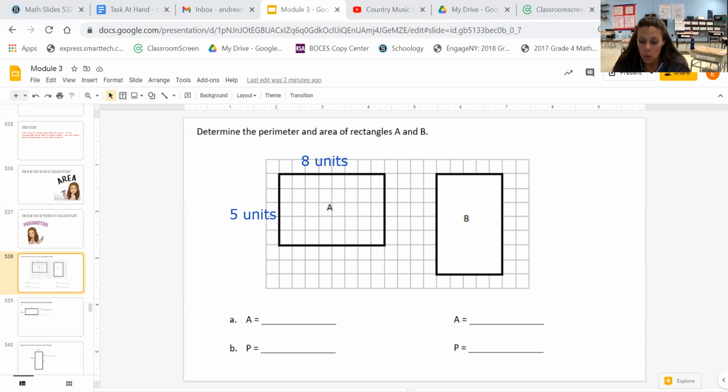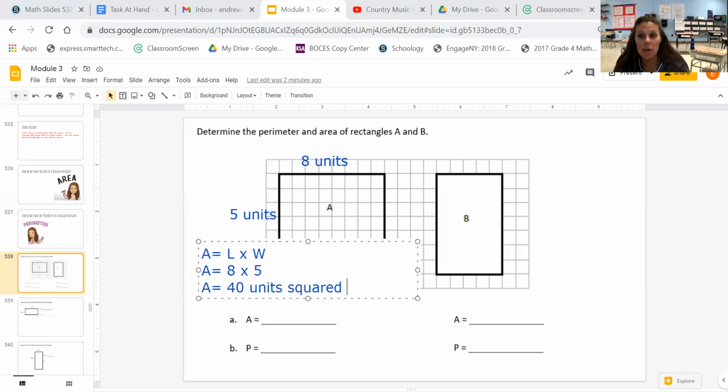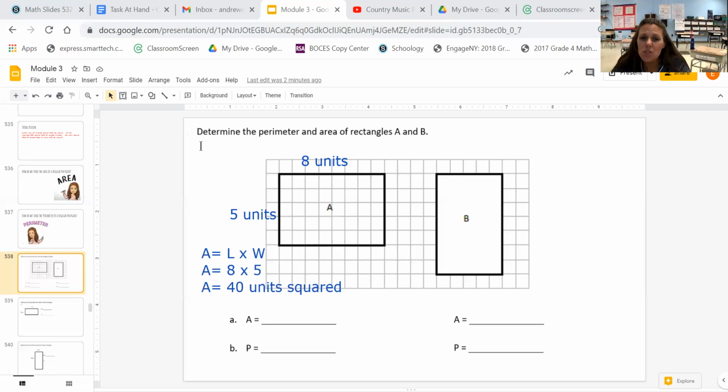Or we can do our formula, length times width. Our length was 8 units, our width was 5 units, giving us an area of 40 units squared. Or remember, you can say 40 squared units. Then when you find the perimeter, I do like to see whatever formula you're doing.